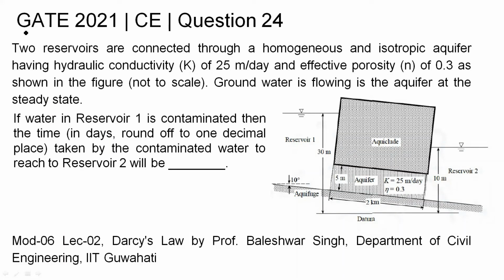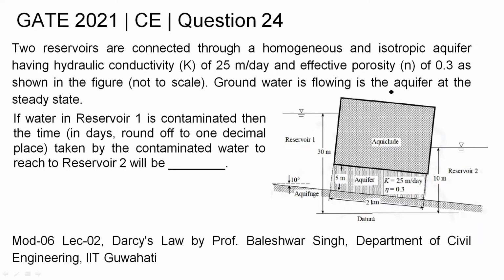This question was asked in GATE 2021. The question is, two reservoirs are connected through a homogeneous and isotropic aquifer having hydraulic conductivity of 25 meter per day and effective porosity of 0.3 as shown in this figure.